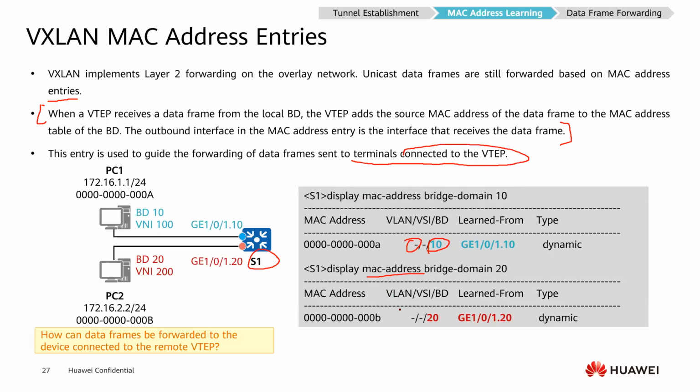Okay, that is the output, and by using this MAC address entry, we can forward the packets destined for PC1 and PC2. But now you will find that we encounter another problem. That is, how do we forward the packet that is destined to a remote VTEP? That is the problem.